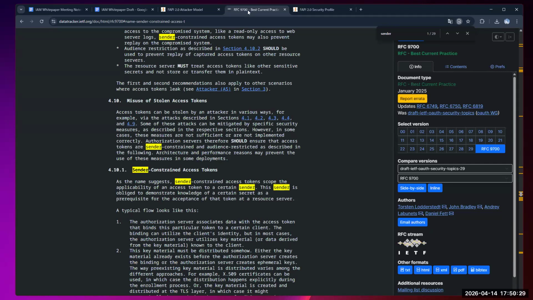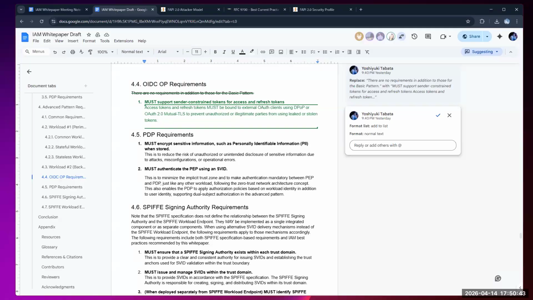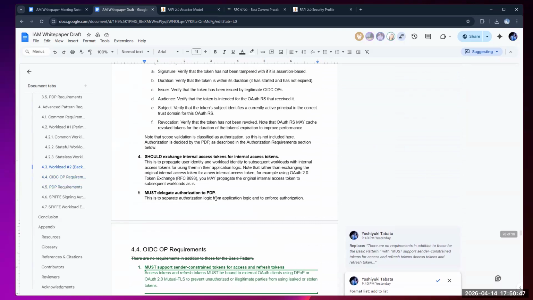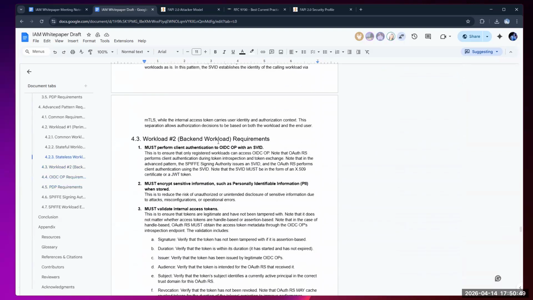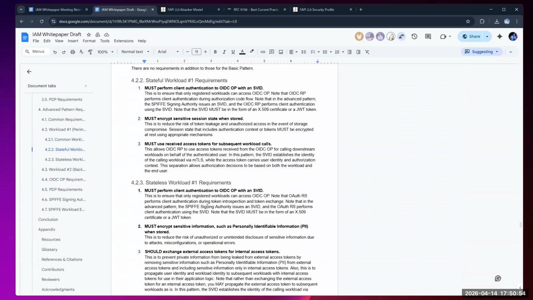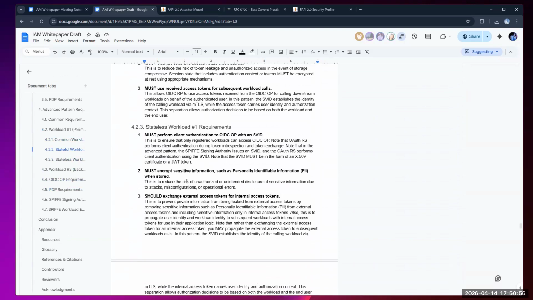Yeah, I think it's there also: "The resource server must treat access tokens like other sensitive secrets and not store or transfer them in plain text." Maybe we've already done that kind of thing, for example, the workload 1 requirements.